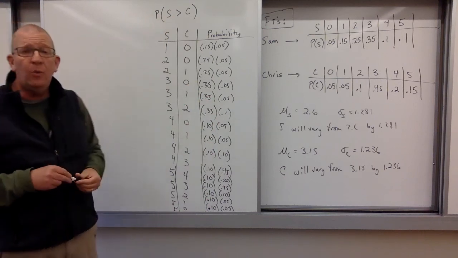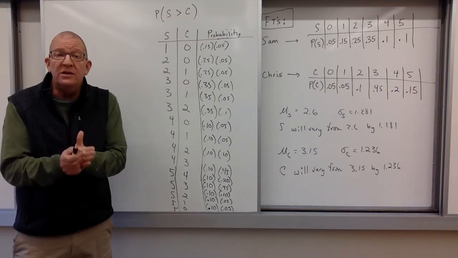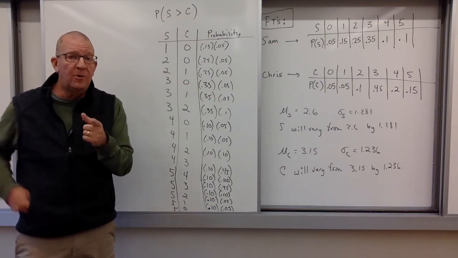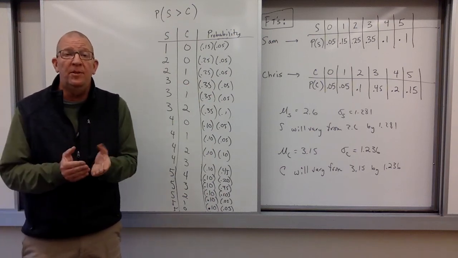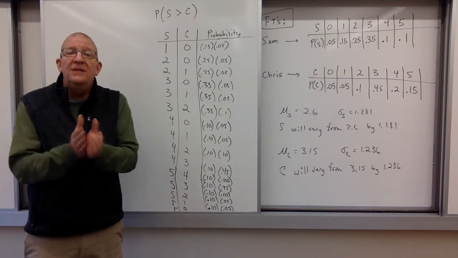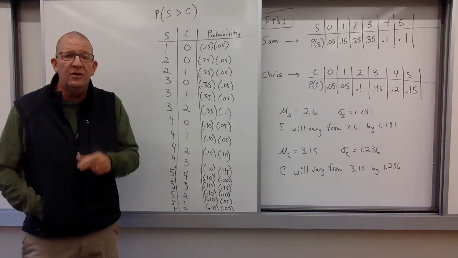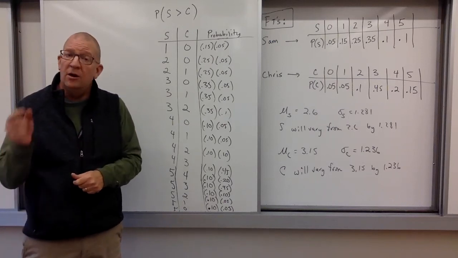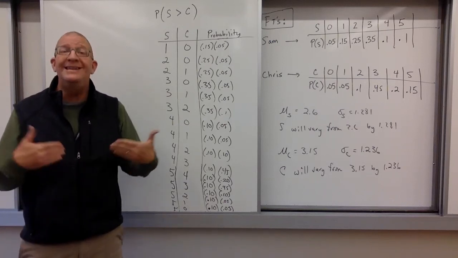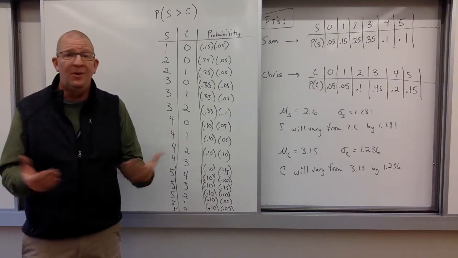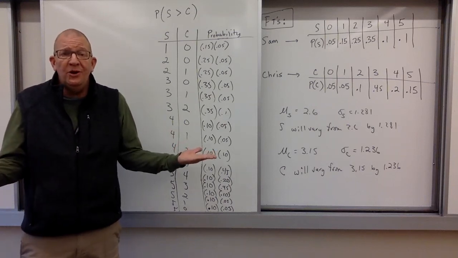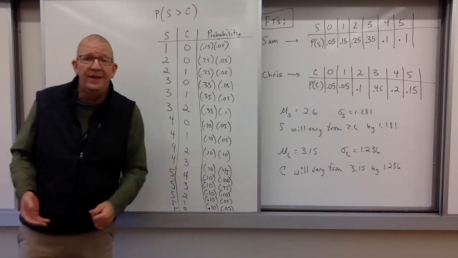This is how we combine discrete random variables. Remember, the idea with the discrete random variable is that the probabilities are given in a table, and that's why these get a little bit more tricky. In our next video, we're going to do a continuous random variable where we basically use the normal curve from earlier in the course.